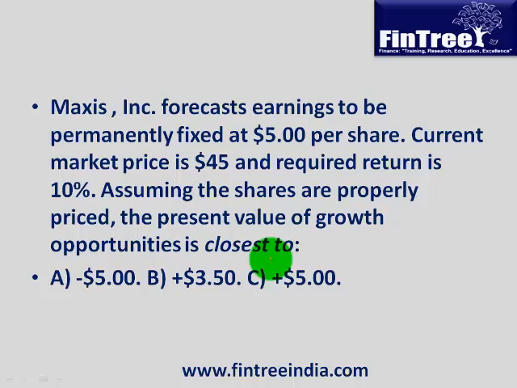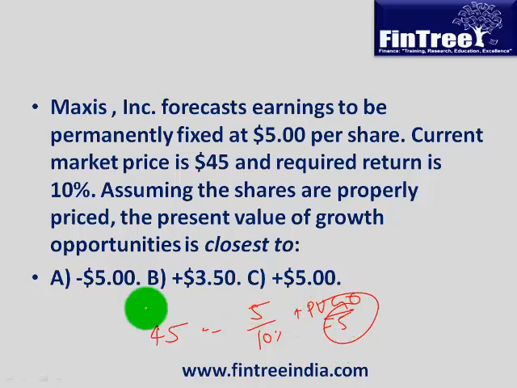What is the answer? -5. Because 45 is equal to 5 divided by 10% plus PVGO. This would be 50, therefore this has to be -5. So A would be the answer here. No, I mean even a value stock shouldn't have negative PVGO.